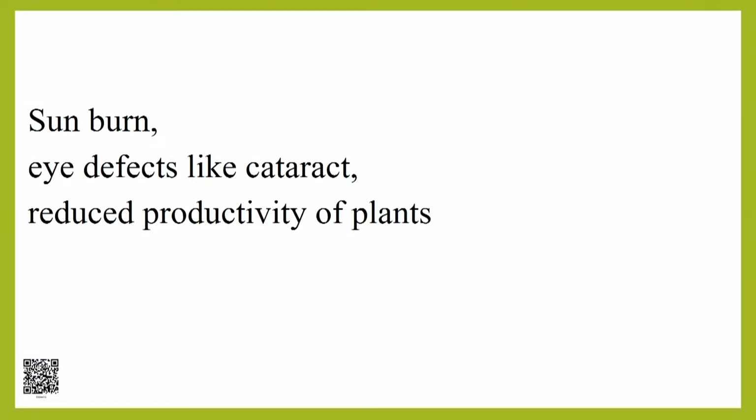I am sure you all know that UV radiation is very harmful to our body and may be one of the causes of skin cancer. Besides skin cancer, it may cause sunburn, eye defects like cataract, and reduced productivity of plants.